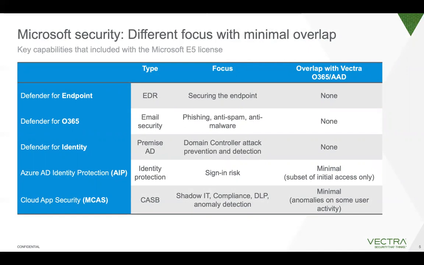Defender for Office 365, email security. So if you're looking for phishing type of protection, then Vectra is definitely not the right solution, while Office 365 will definitely help you there. Defender for identity, and then of course you will have protection for Azure AD and cloud app security.